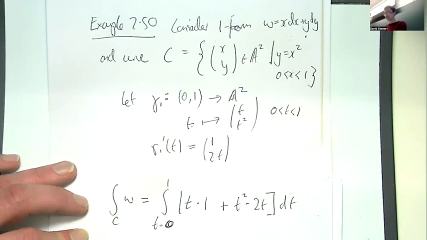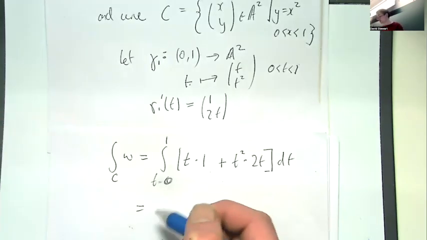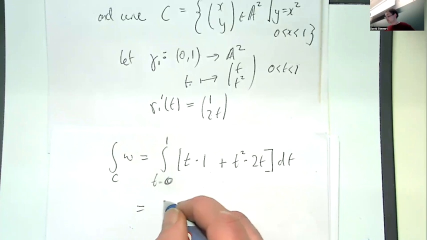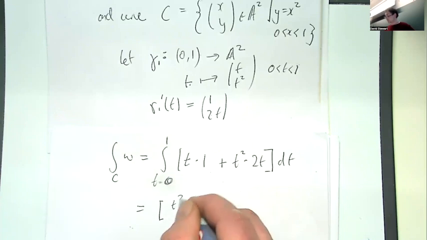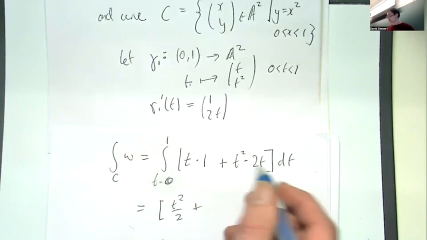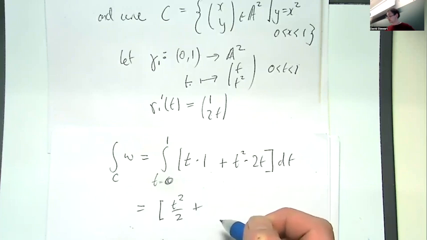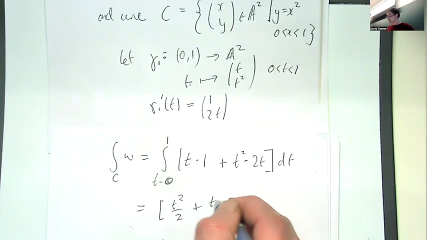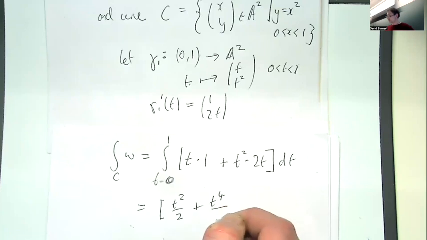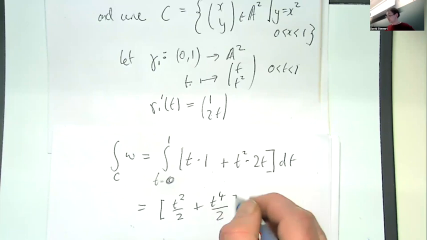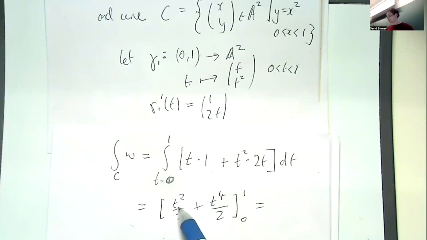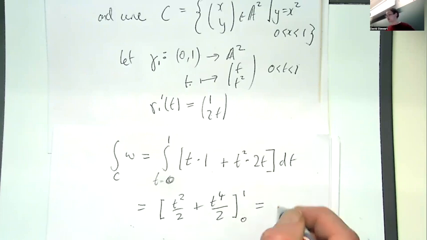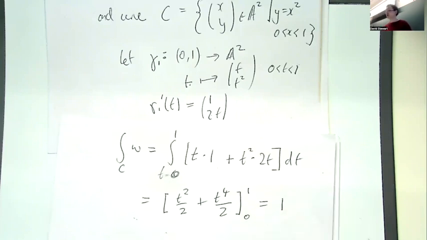And that's dt. And so if you do that, you end up with t squared over 2 plus 2t to the 4 over 4, between 1 and 0, which is equal to a half plus a half, and that's 1. Okay.